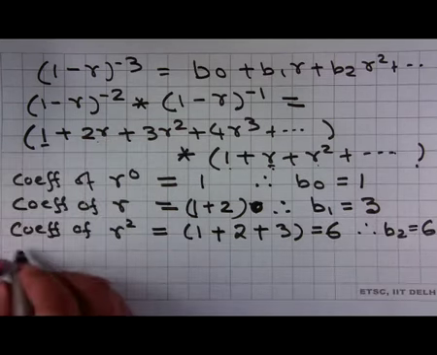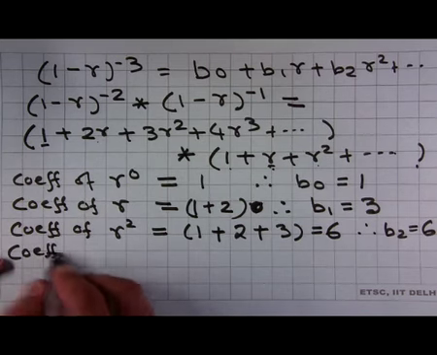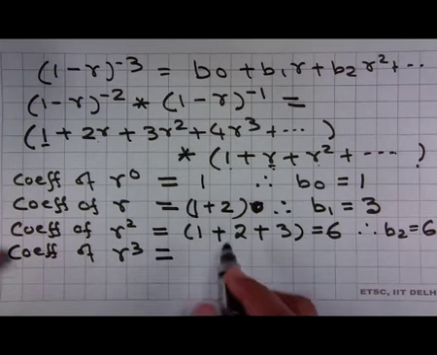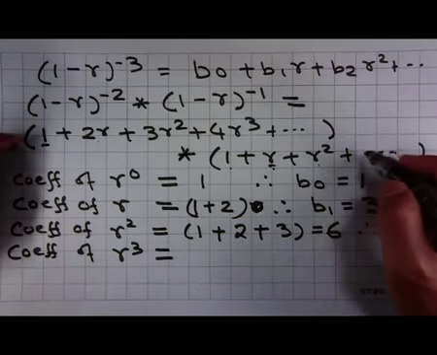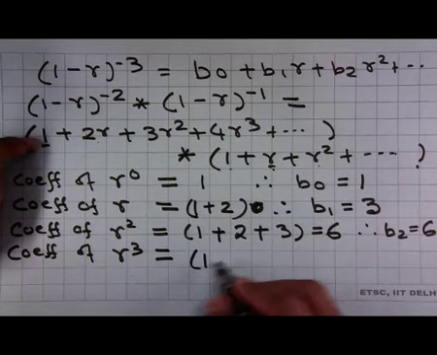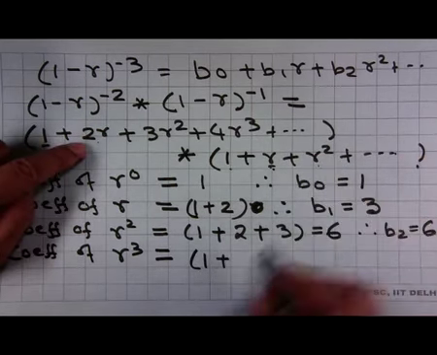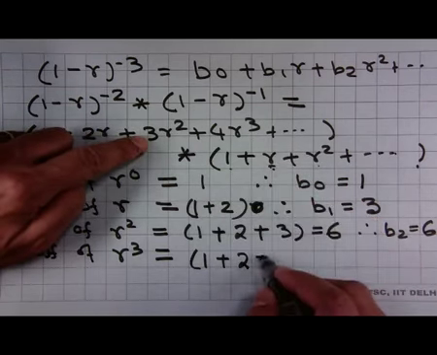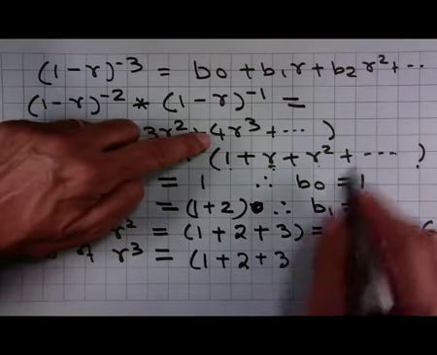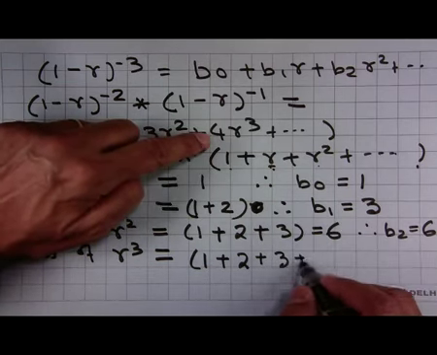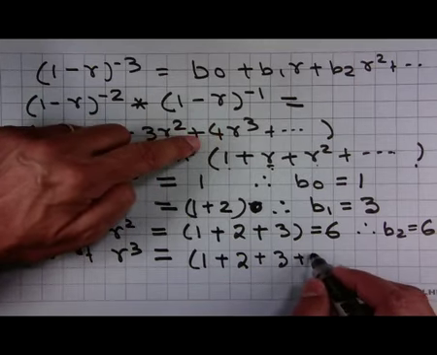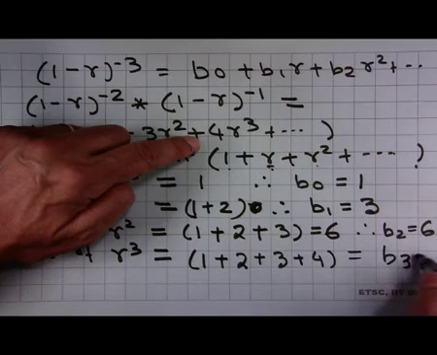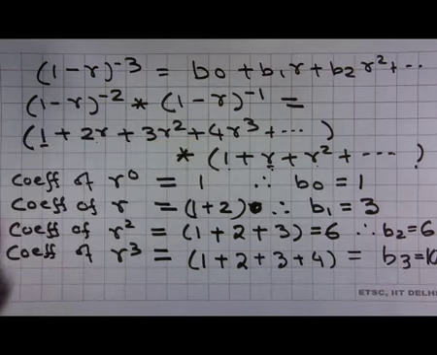I will go for one more term, coefficient of r cube is equal to 1 multiplied by r cube, that is 1, plus 2 r multiplied by r square, that is 2, plus 3 r multiplied by r, that is 3, plus 4 r cube multiplied by 1, that is 4, is equal to 10. Therefore, b 3 is equal to 10.